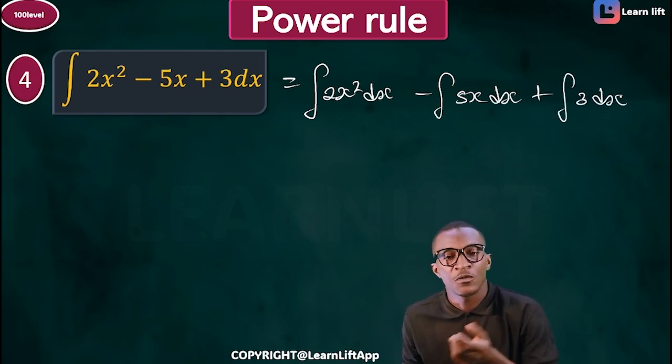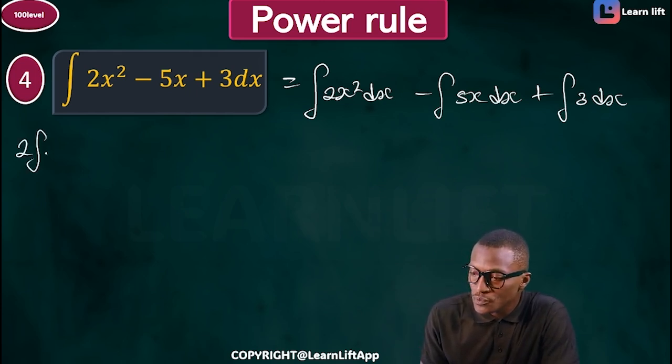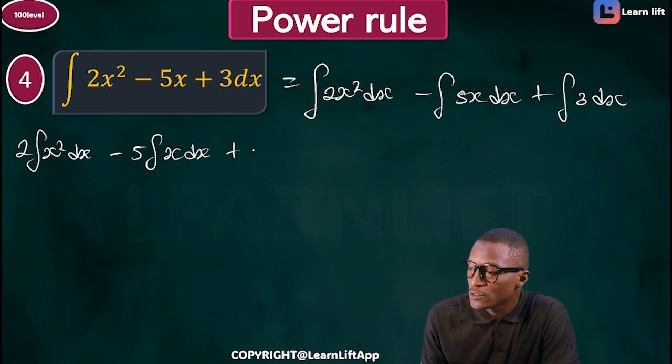From here, how should we do it? Bring out the constants. That becomes 2 integral x squared dx minus 5 integral x dx plus 3 integral dx.